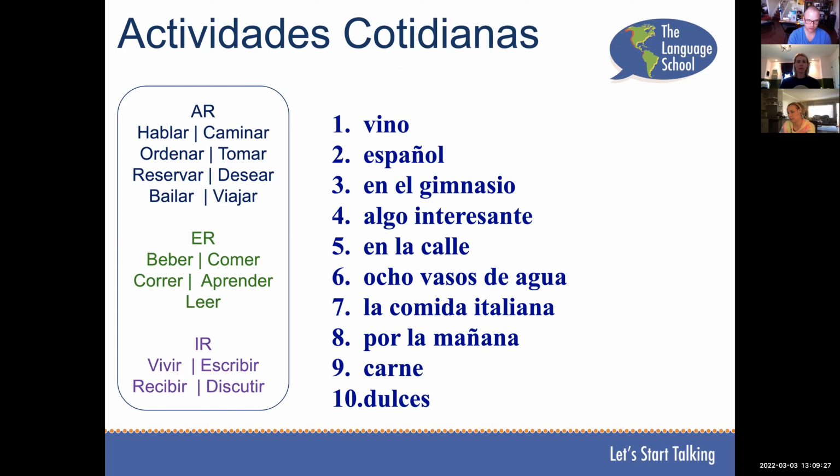¿Tomas vino? Sí, tomo vino. ¿Hablas español? Sí, hablo español. ¿Caminas en el gimnasio? No camino en el gimnasio.